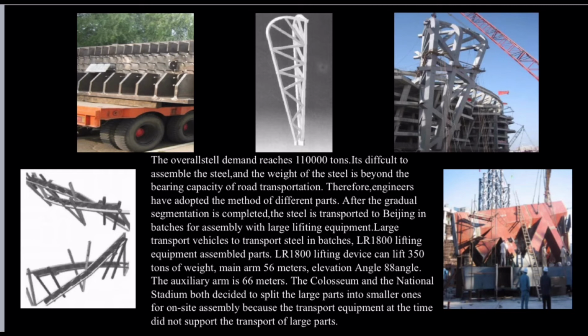The auxiliary arm is 16.6 meters long. The transport equipment at the time did not support the movement of large parts.